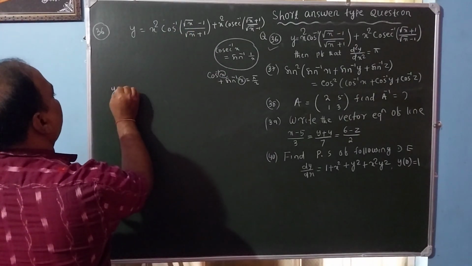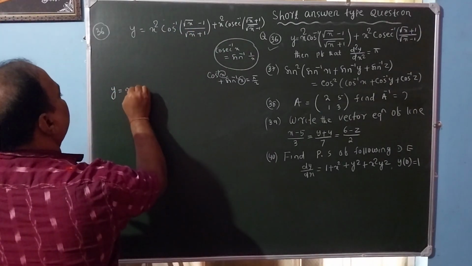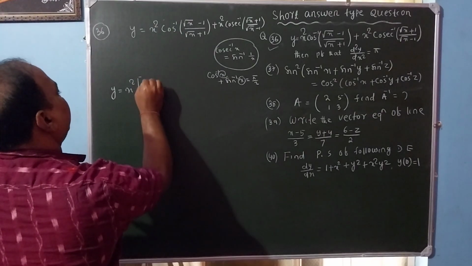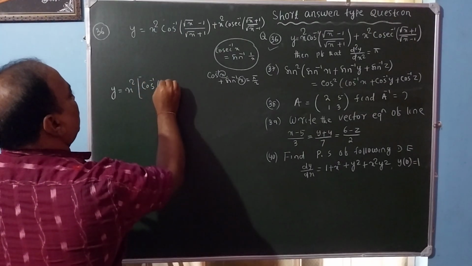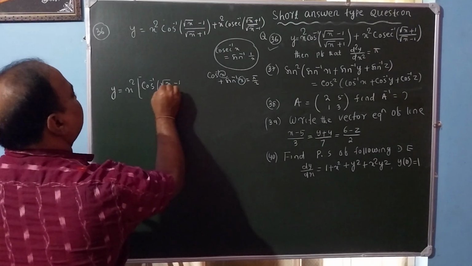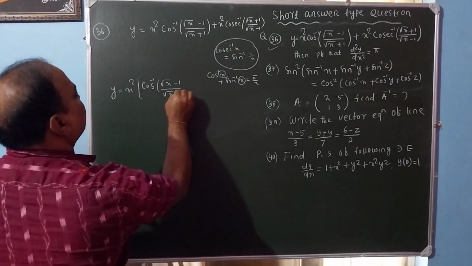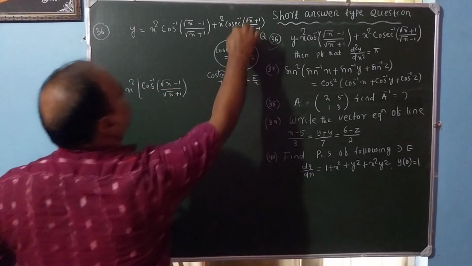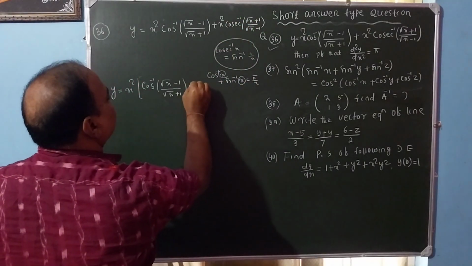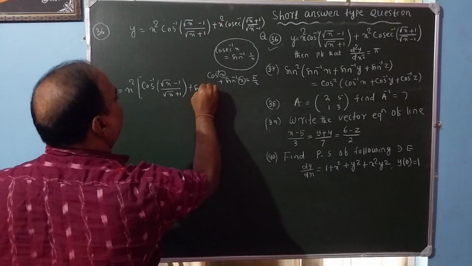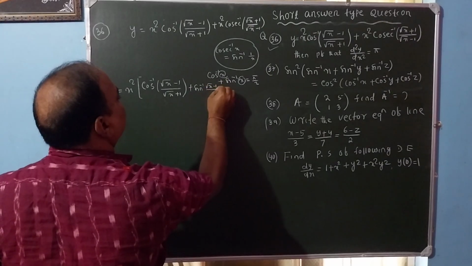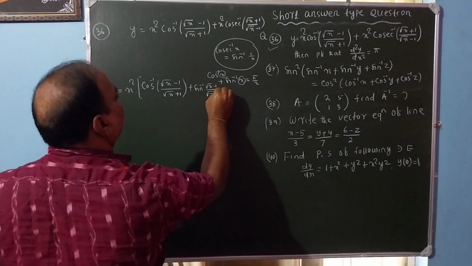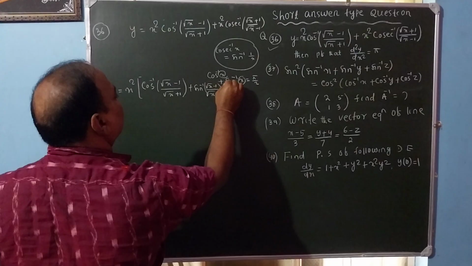So y is equal to x square taking common. So we write cos inverse root of (x minus 1) divided by root of (x plus 1) plus sin inverse root of (x minus 1) by root of (x plus 1).